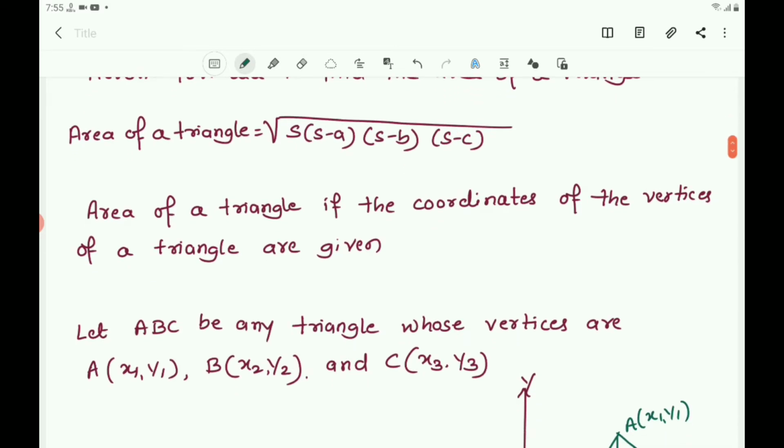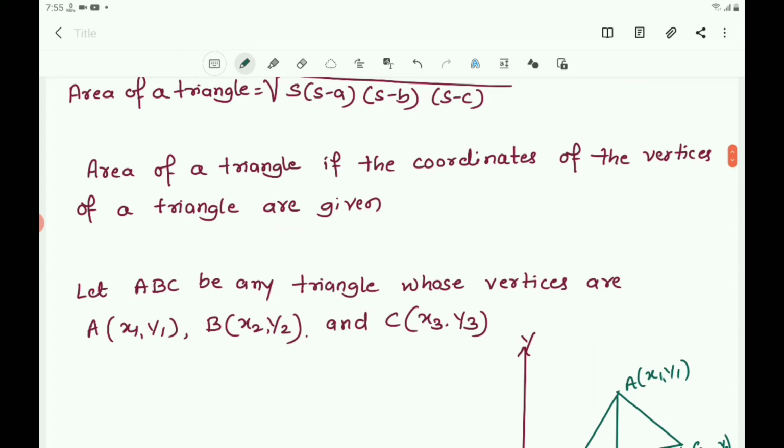Now, consider a triangle ABC whose vertices are A of coordinates x1, y1, B of coordinates x2, y2, and C of coordinates x3, y3.